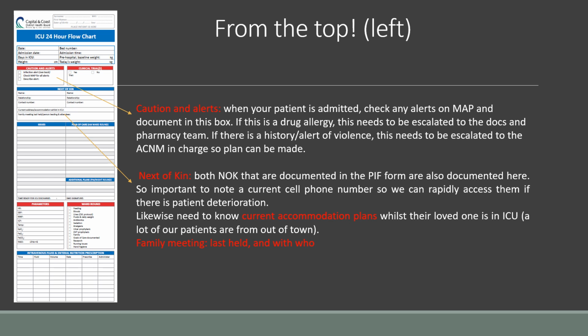If this comes up before the patient is really known to us, so on their admission, please escalate this to an ACNM, because they will then talk with the security orderlies, who are very, very good at developing plans of care around the what-ifs.